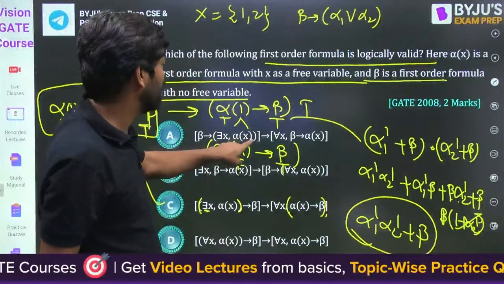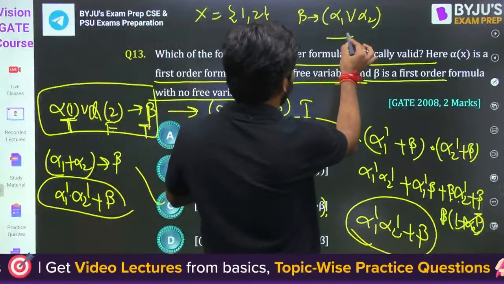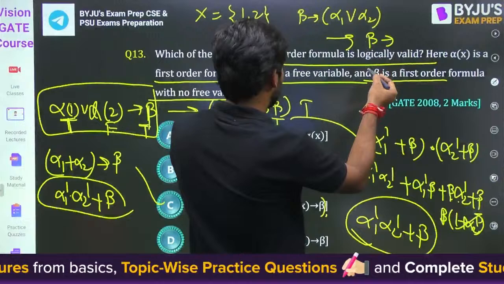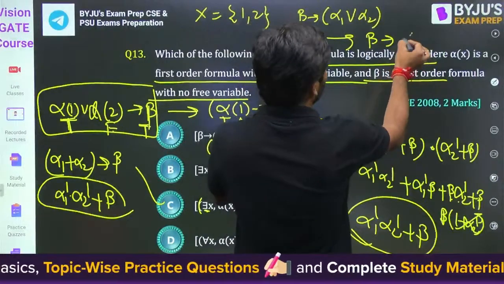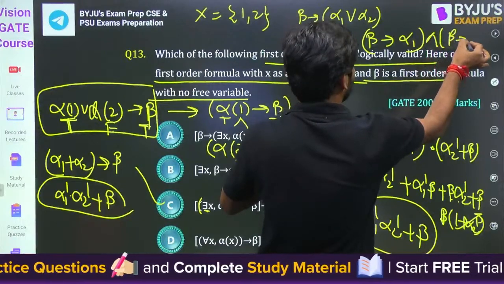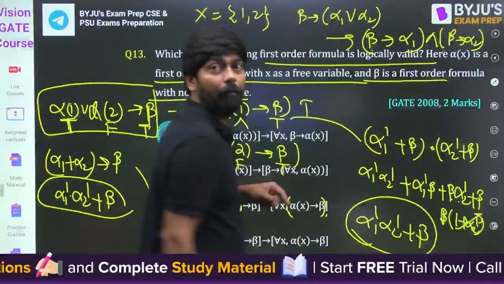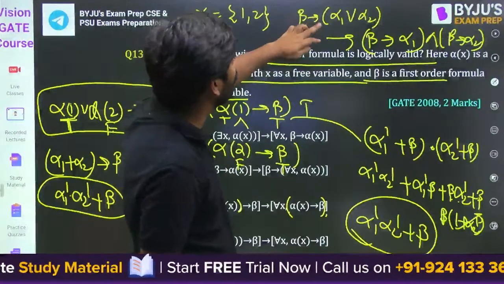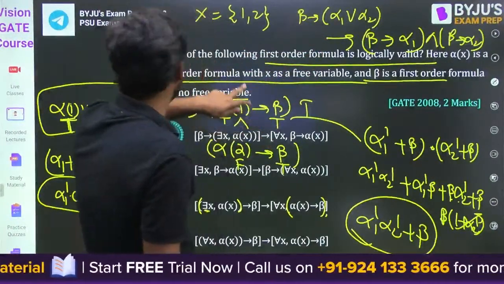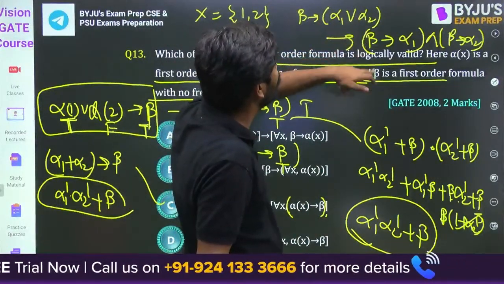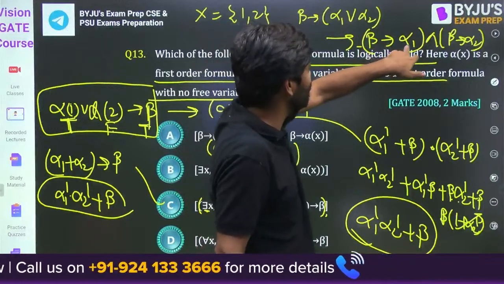This implies the right hand side, they are telling beta implies alpha 1 and beta implies alpha 2. If you solve this with the help of digital also, it will not be equivalent. Or in the form of propositions, you can write beta implies alpha 1 or alpha 2, this implies beta implies alpha 1 and alpha 2.